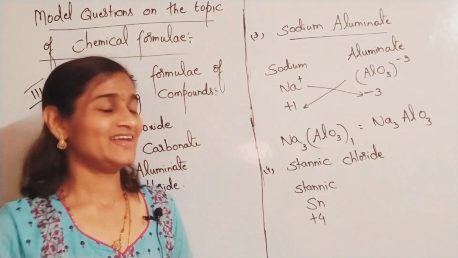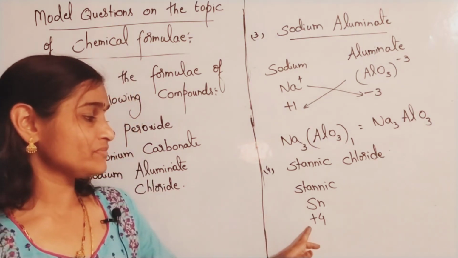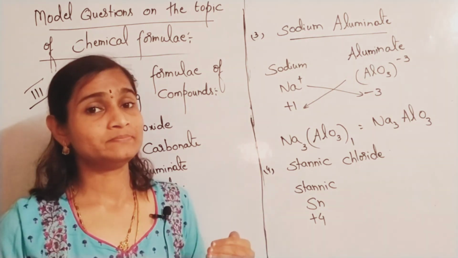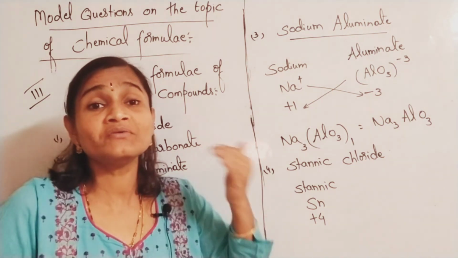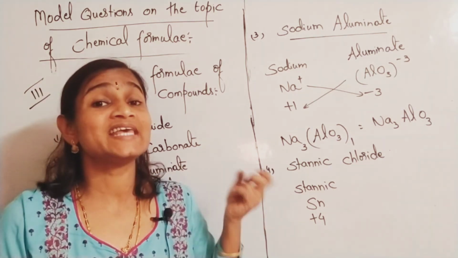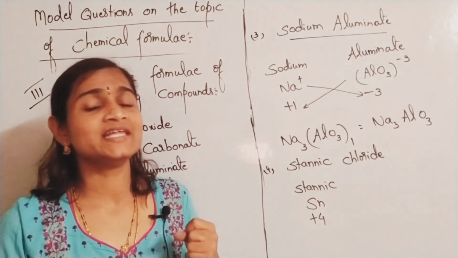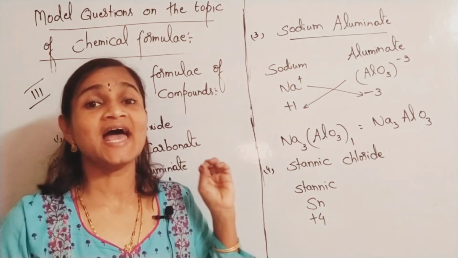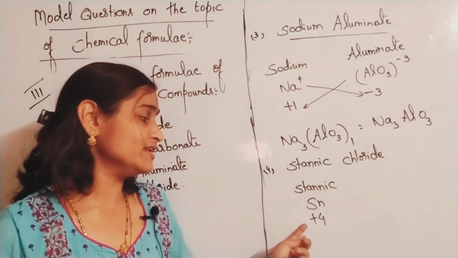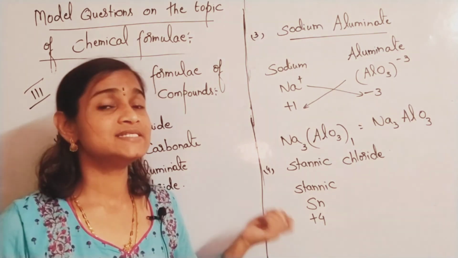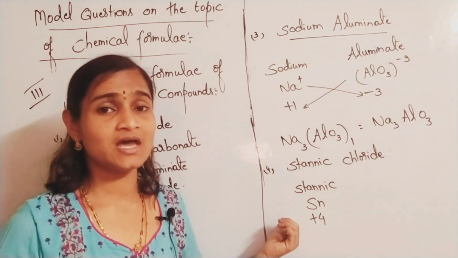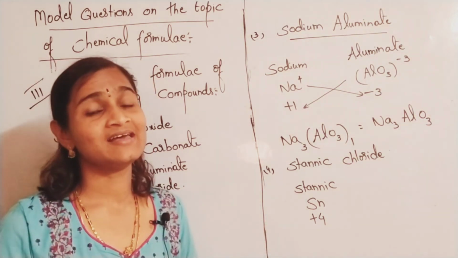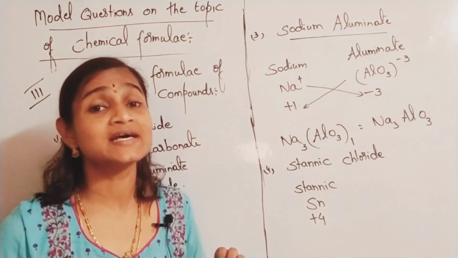Okay, right. So stannic, ic stands for the compound with more valency. Element with more valency, you will give the suffix ic. Element with less valency, you will give the suffix ous. Stannous, stannic. Stannic is given here, so the more valency charged ion you have to consider. So Sn+4 is stannic, Sn+2 is stannous.